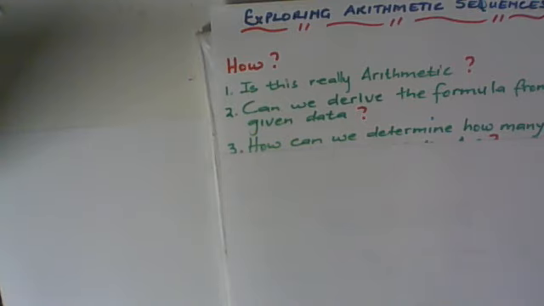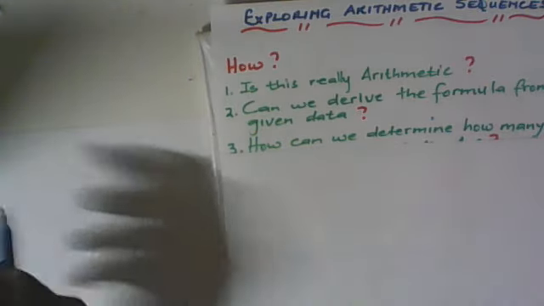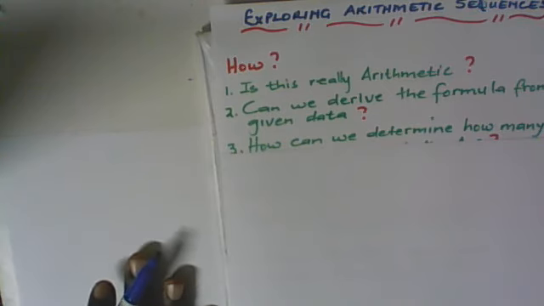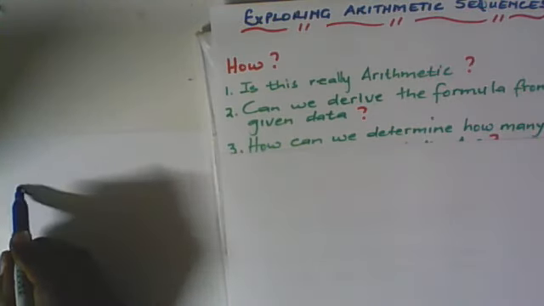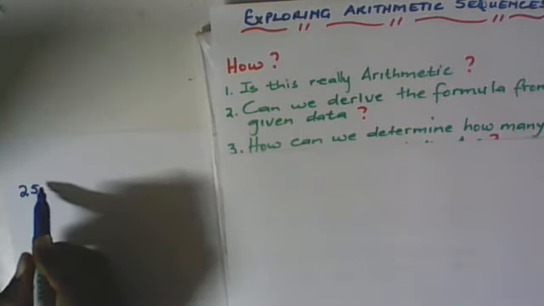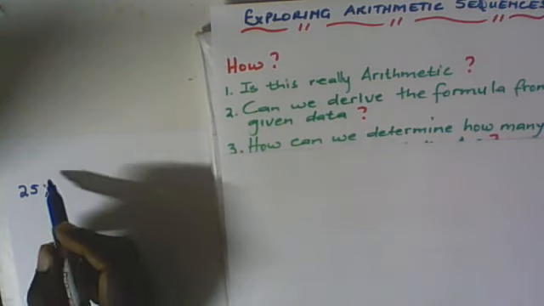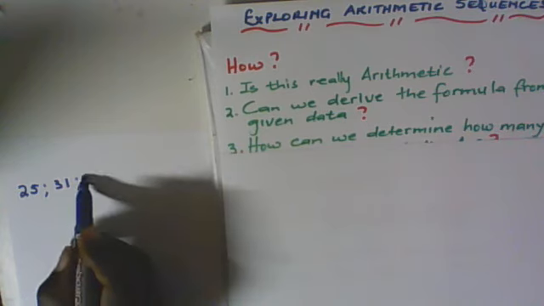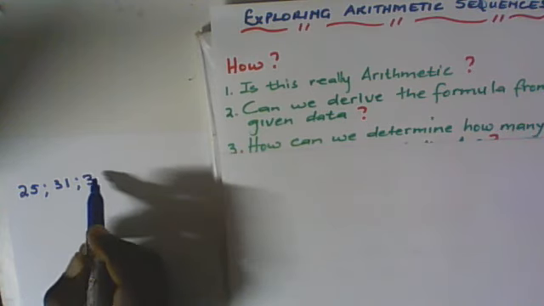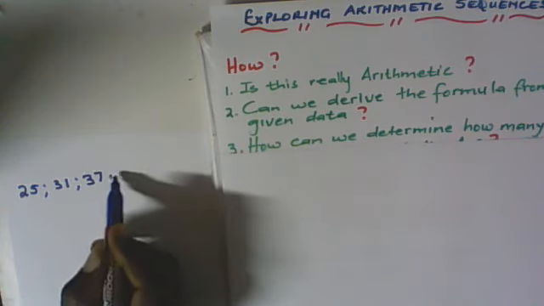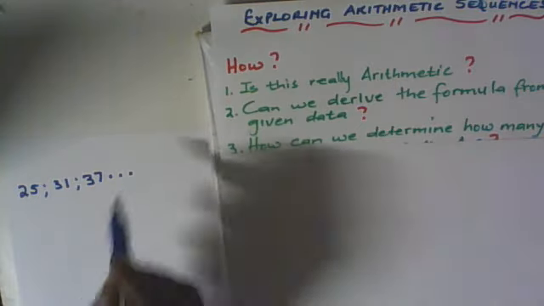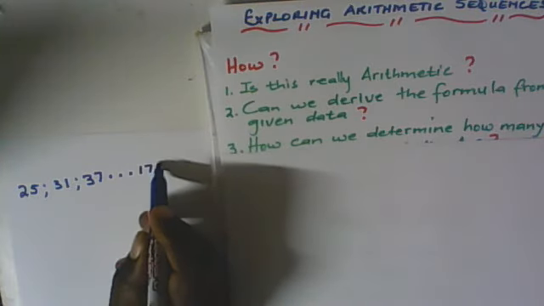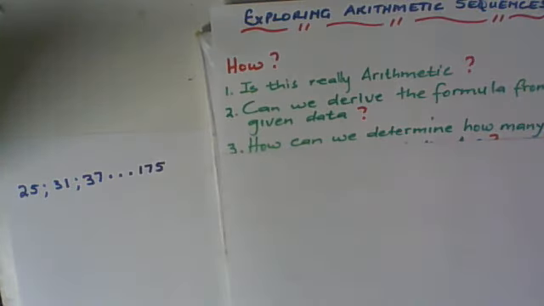Let the first term be 25. Then the second is 31, then the third is 37. And then the last term is said to be 175.